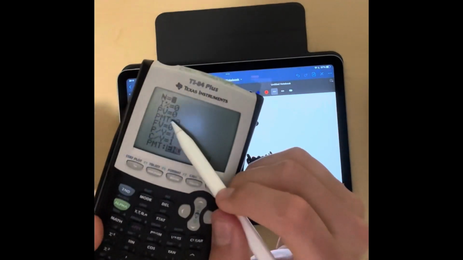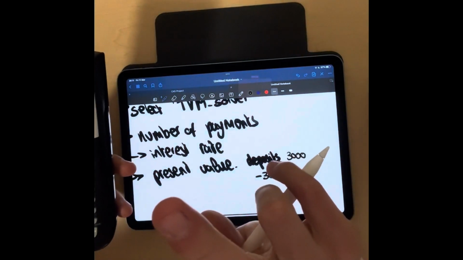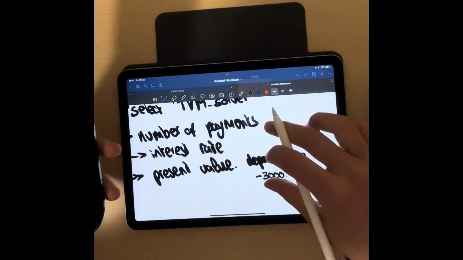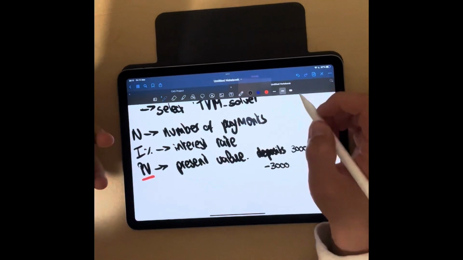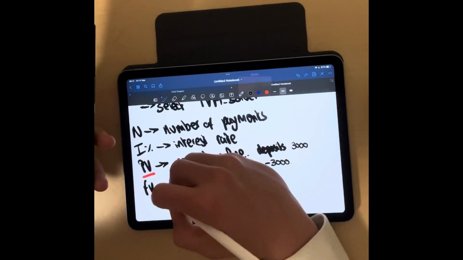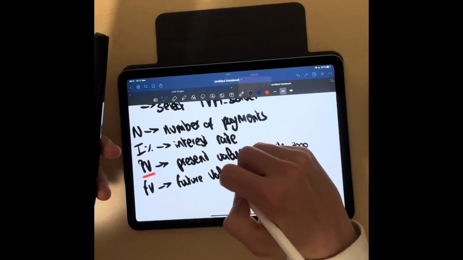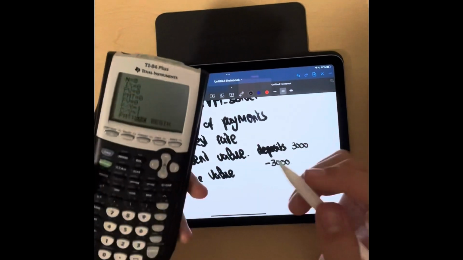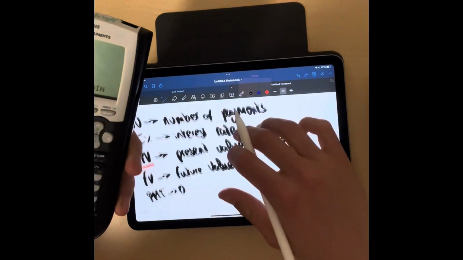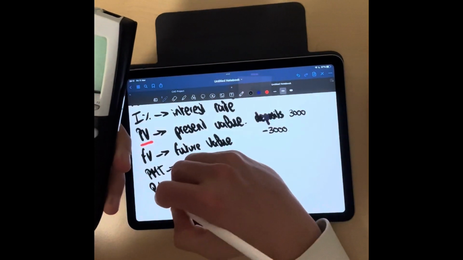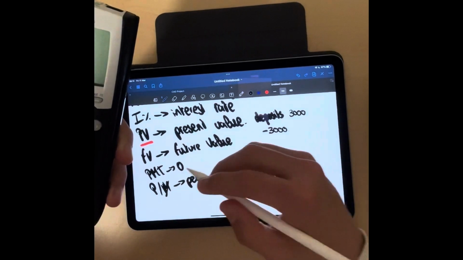You always want to put a negative sign on PV. Then FV is the future value, and then PMT, just leave it on 0. And then PY, it's periods, sorry, PY.